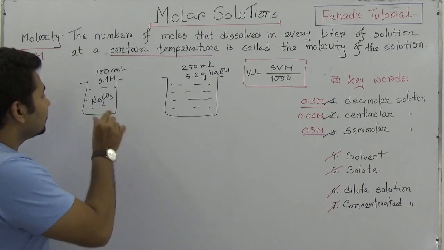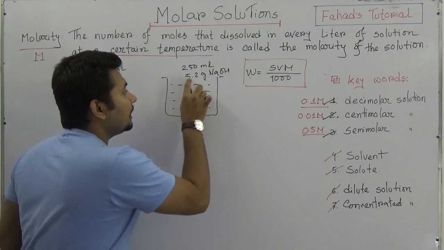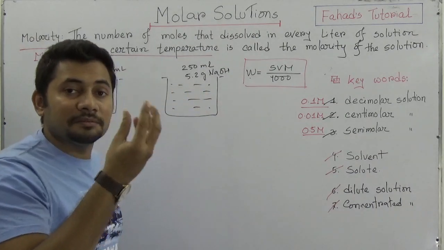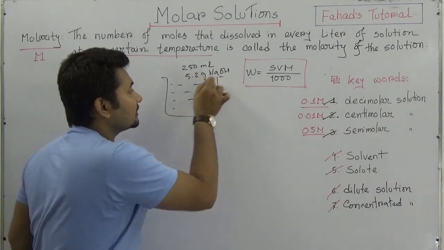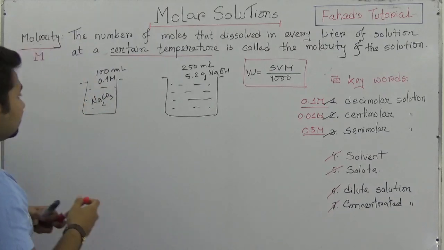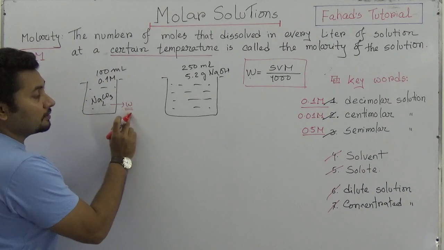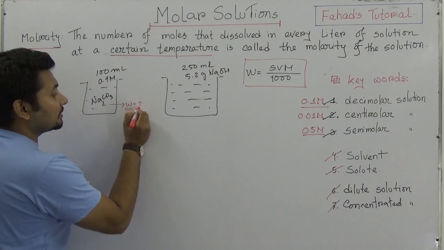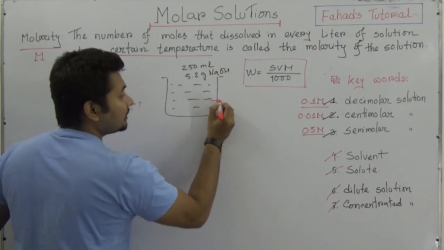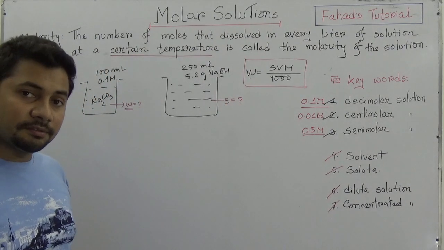That means the molarity of this solution is given, but here the mass of sodium hydroxide is given. But what is not given? Here you think: the mass of sodium carbonate was not given, it is asked, and here the molarity was not given, and that is asked.